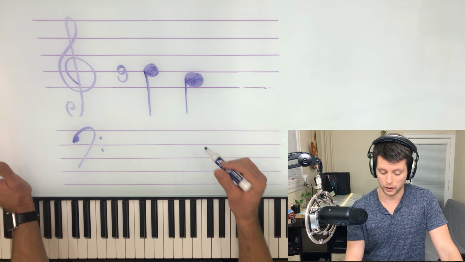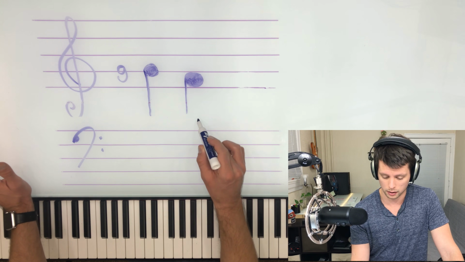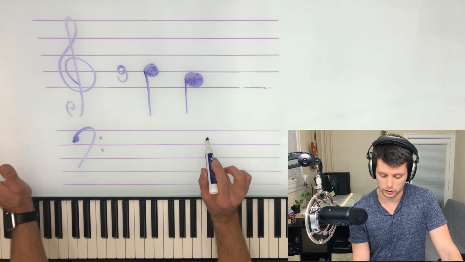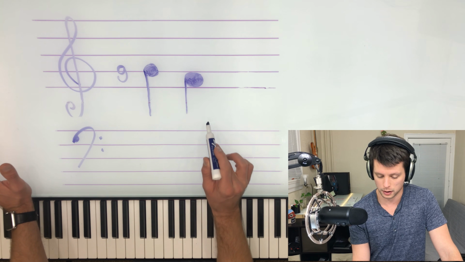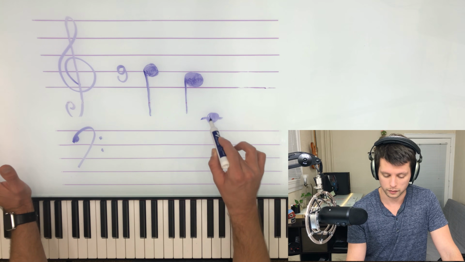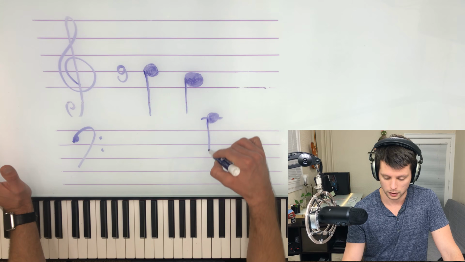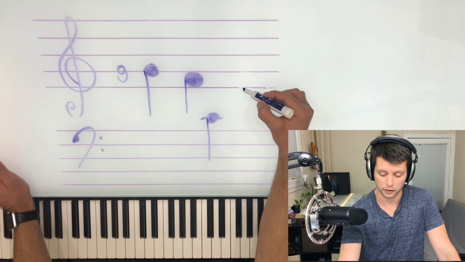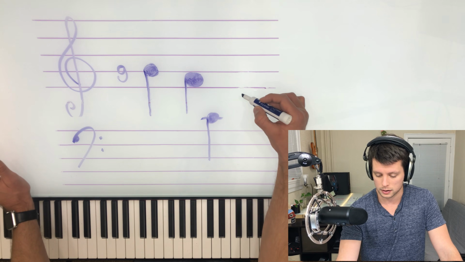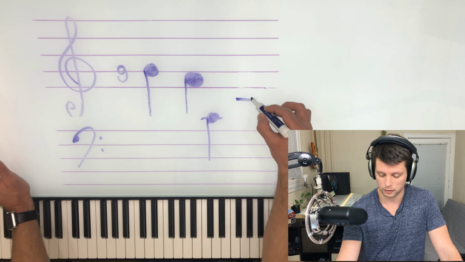So for example, if I put a note on the bass clef, like this note right here would be a G, and then an A, then a B, and I decided to put a note right here on that first ledger line. And then say I went up to the treble clef, started on this bottom line, I went down, this is an E, this is a D, and then this is a C right there.